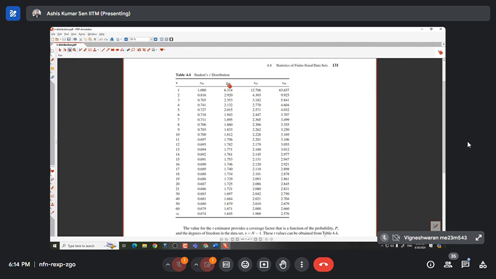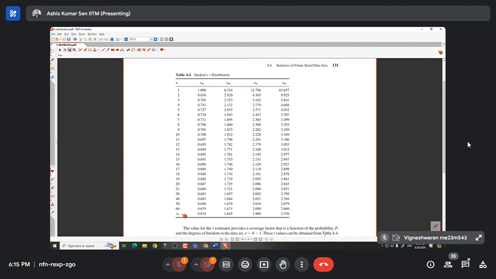So 50%, 90%, 95%, 99%. And you can see that when degree of freedom becomes very large, these values that you get here correspond to the values for the normal distribution, because that is what we discussed last class, right? When the number of data points becomes very large, your T distribution would approach the normal distribution.